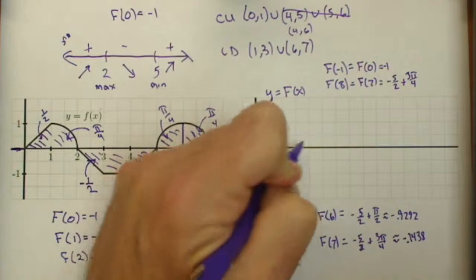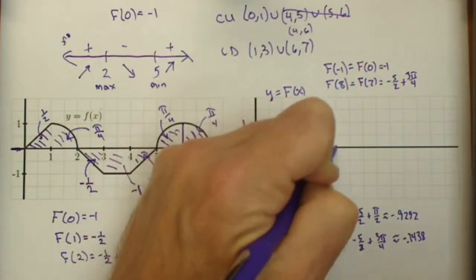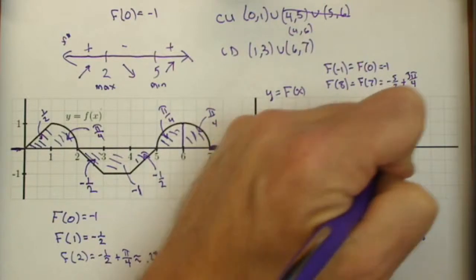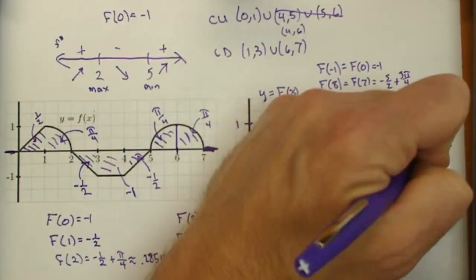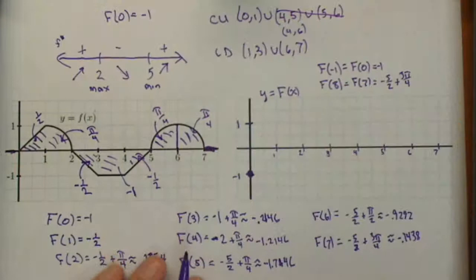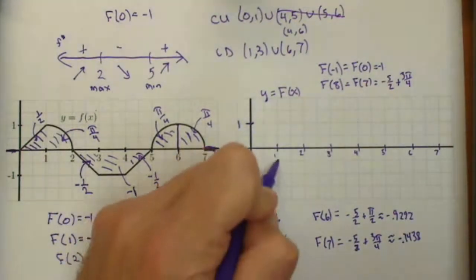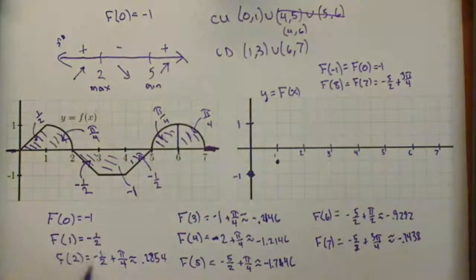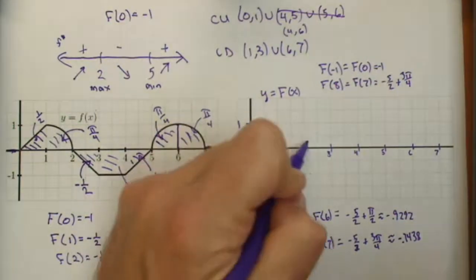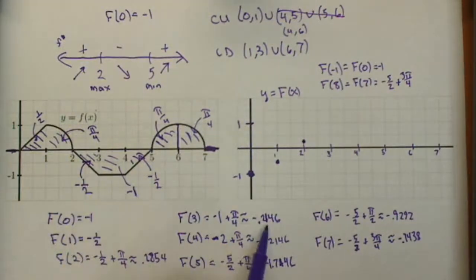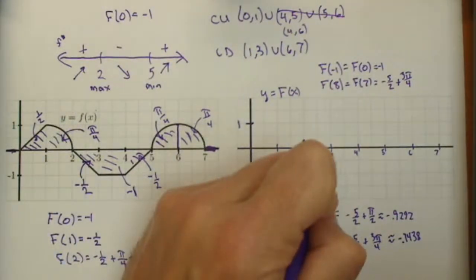So let's put in our axes 2, 3, 4, 5, 6, and 7. And let's plot our points. f of 0 equals negative 1. We already plotted it. f of 1 equals negative 1 half. f of 2 is just a little bit above our x-axis. f of 3 is just a little bit below it.